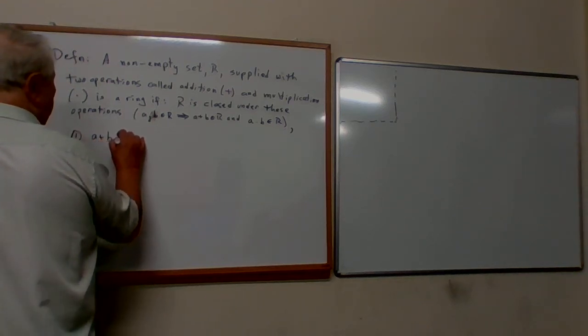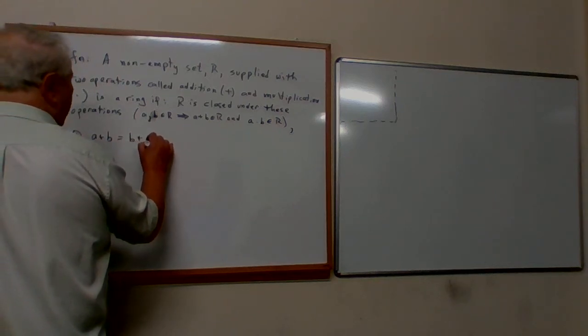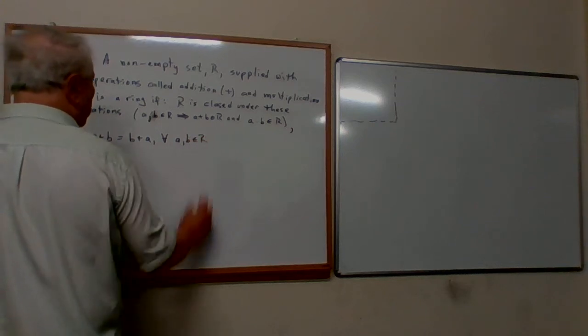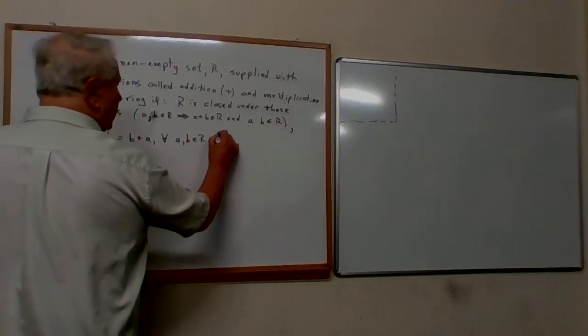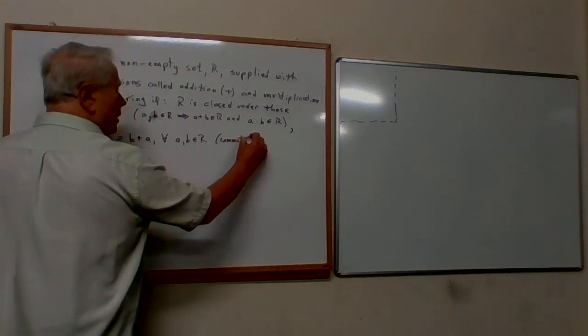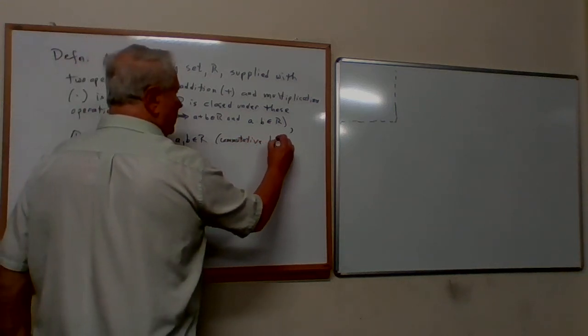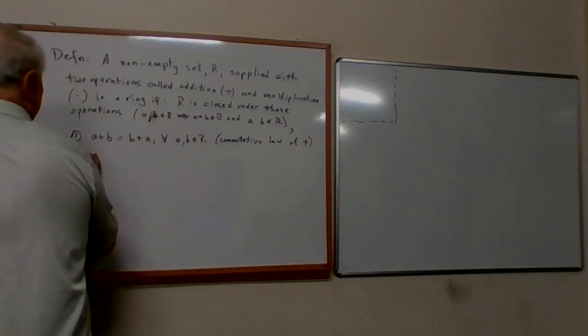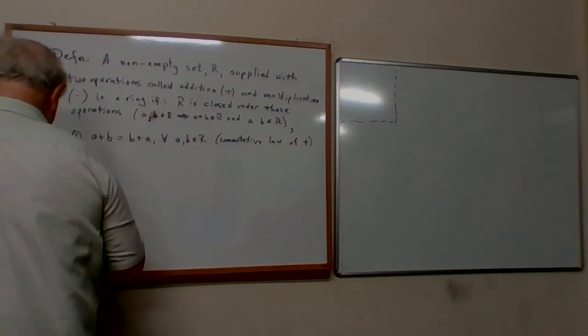A plus B equals B plus A, for all A and B in the ring. In other words, addition is commutative. Commutative law of addition. Number 2, it's associative.